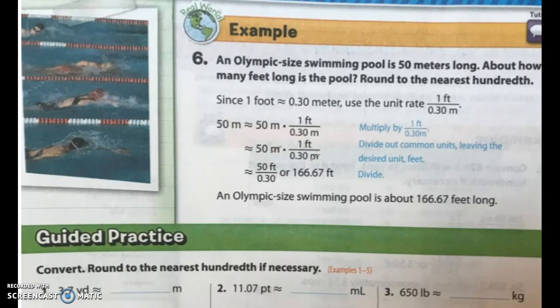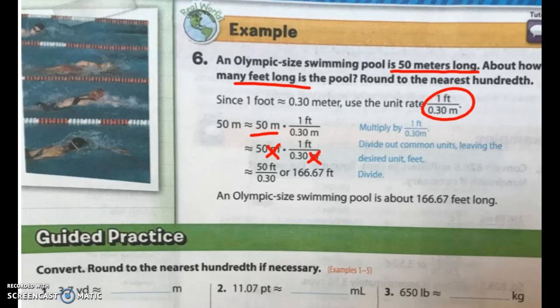Okay, moving on. Example 6, we are converting a 50-meter long Olympic distance pool, and they want to know how many feet is the pool. So they've given you the unit ratio. You're going to start with what they've given you, the 50 meters, and multiply by the 1 foot over 0.3 meters. Remember, your meters will cancel.